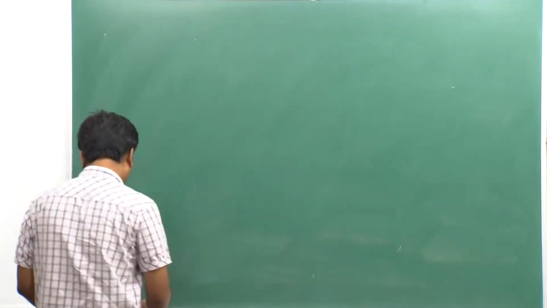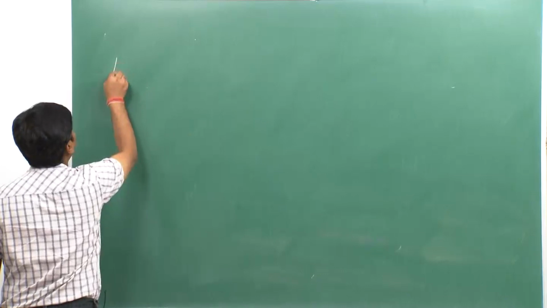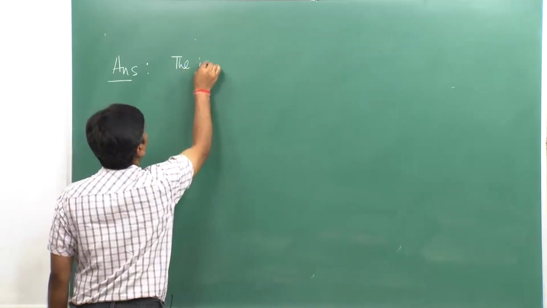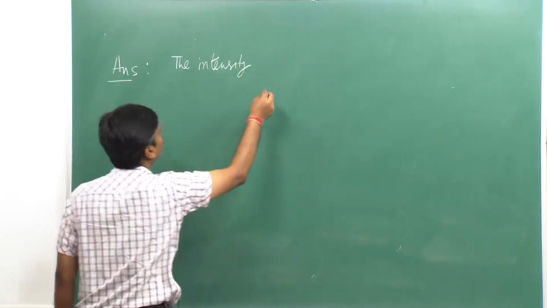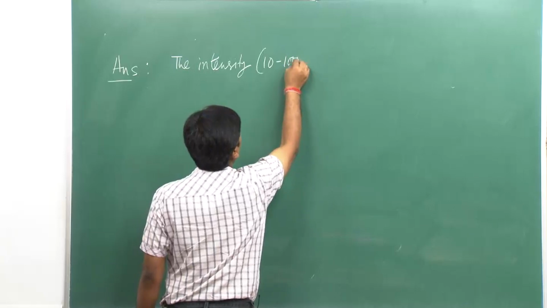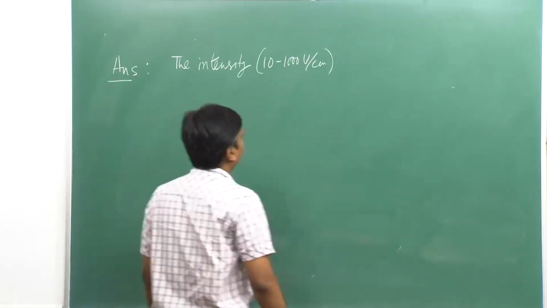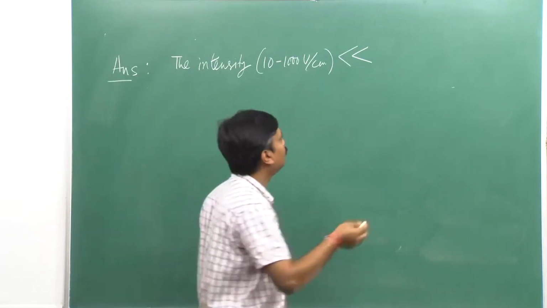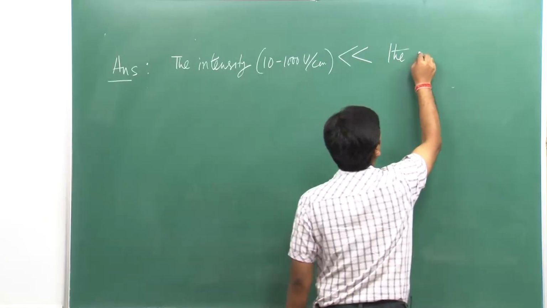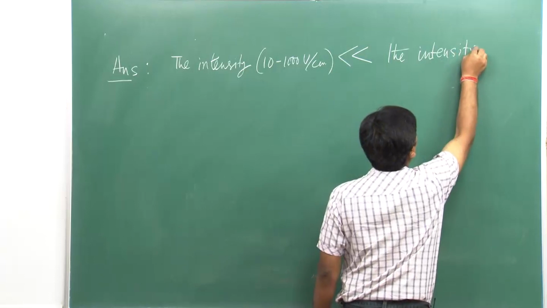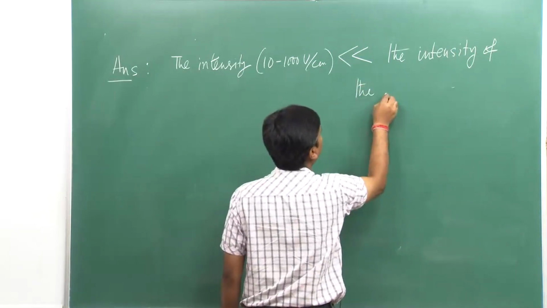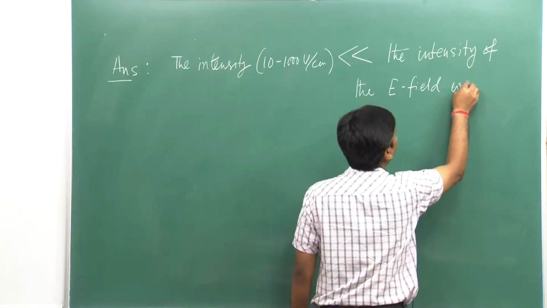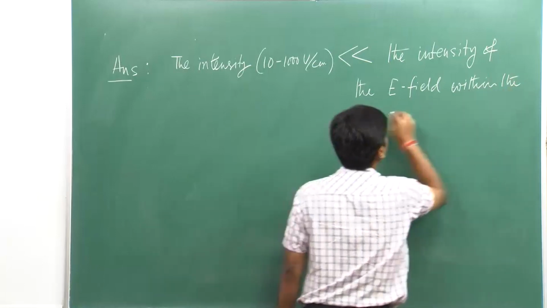So, the answer is that the intensity, 10 to 1000 volt per centimeter, the typical value, is several orders of magnitude less than the intensity of the electric field within the material.